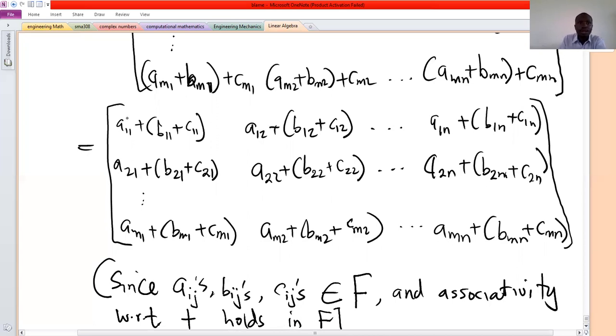Now this one shows that we had a matrix with Aijs added to a matrix of sums of Bijs and Cijs.